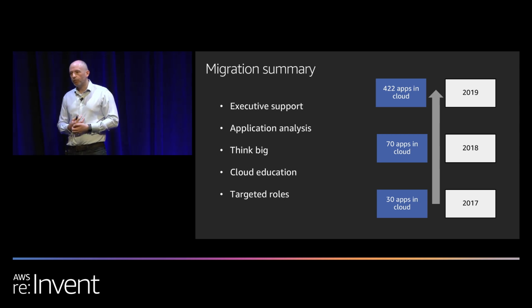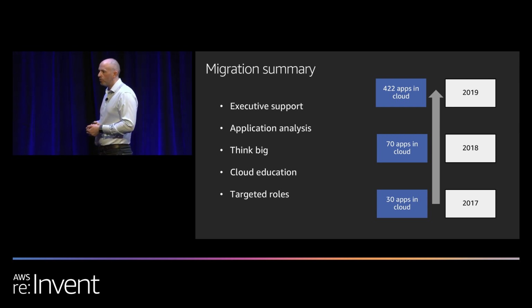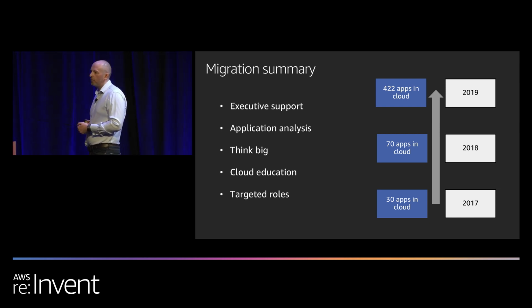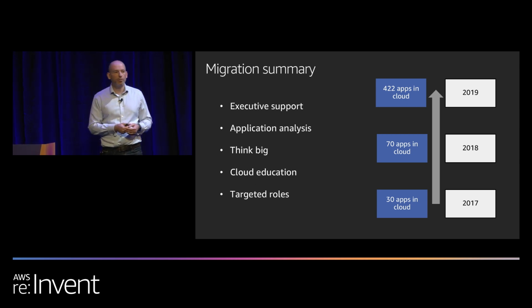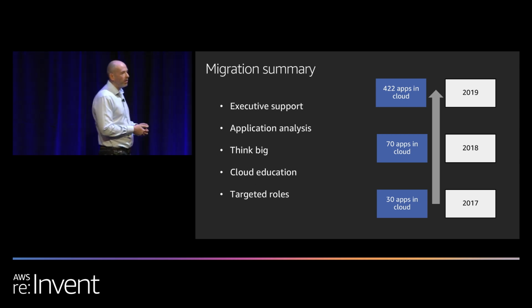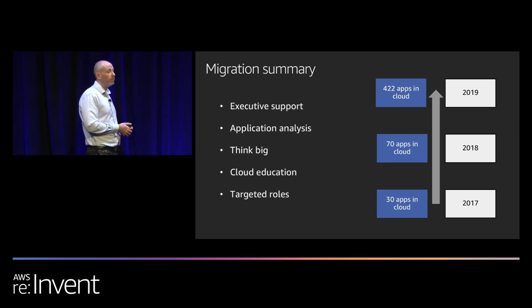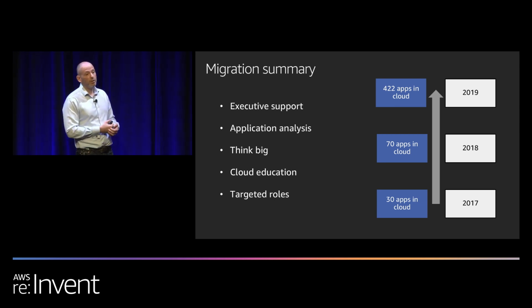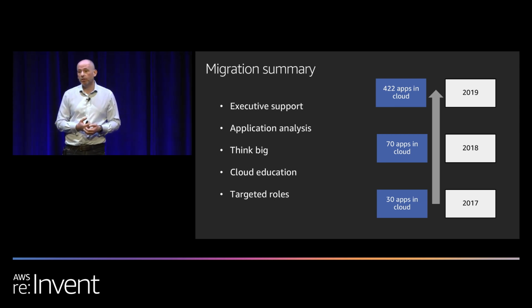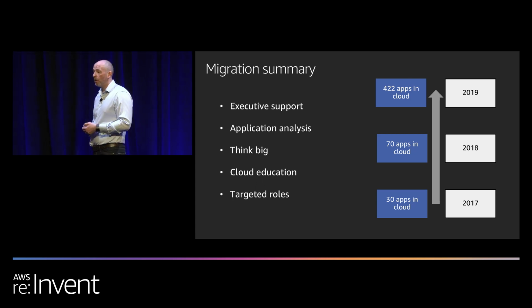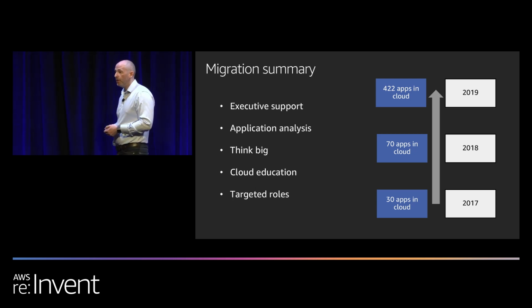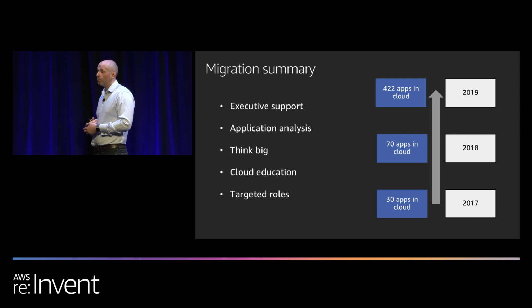We spent a lot of time educating our engineers. So our organization has trained over 4,000 people in AWS, and we have over 1,000 certified AWS engineers. So that's the largest in Australia, and has really been key to helping us on this migration journey.